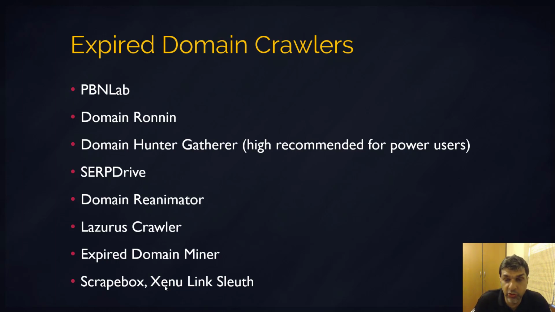So then that gives you a good starting point of eliminating domains that have bad metrics, and you can only spend your time on the domains that have good metrics, because you have to analyze each expired domain manually. There's no other way to do it. Sure, you get the initial look, you get the initial metrics, but that will give you good elimination points.